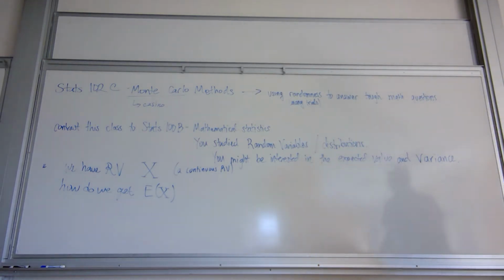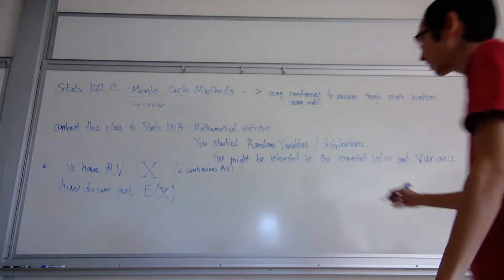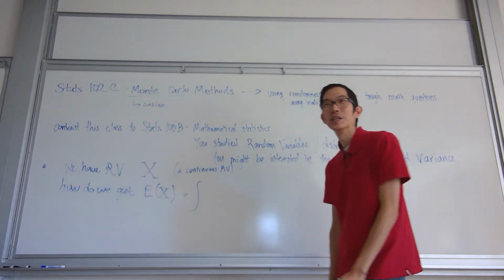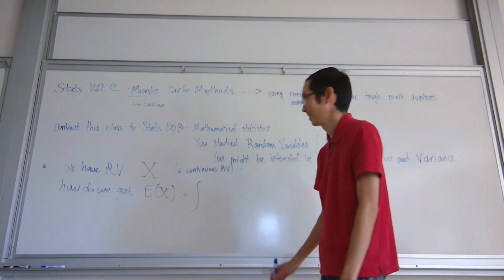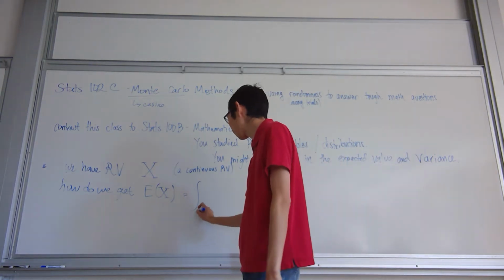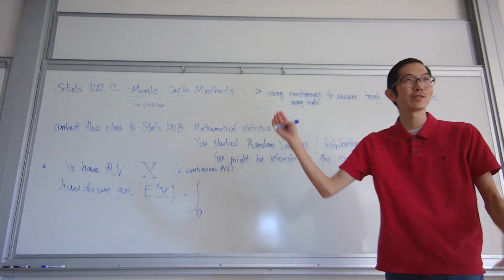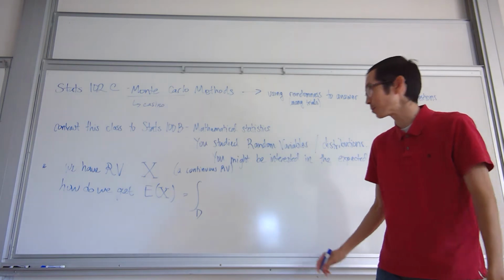How do we get the expected value? Integration, okay, and what's the integral that we do? So you do it over the domain of x, right? Whatever it is, negative infinity to infinity, 0 to infinity, 0 to 10, whatever it might be.